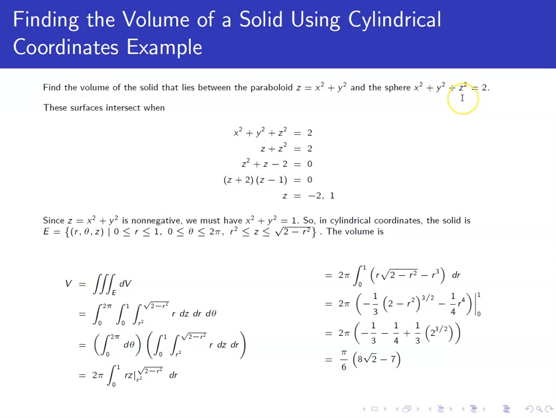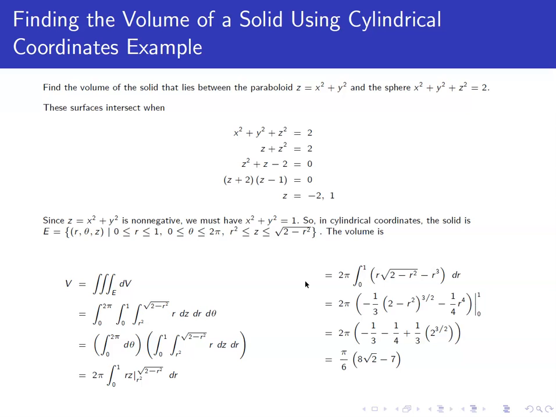If we solve for z, we know that this is above the xy plane, so we're going to use the positive square root. We move the x squared plus y squared over and take the square root, and we get z equals the square root of 2 minus the quantity x squared plus y squared. But again, we can rewrite x squared plus y squared as r squared. So our z bounds go from r squared to root 2 minus r squared.